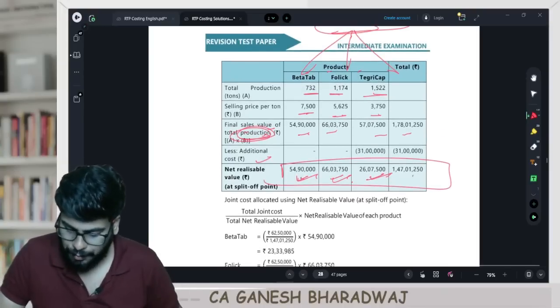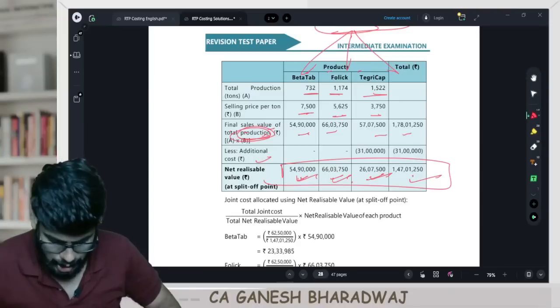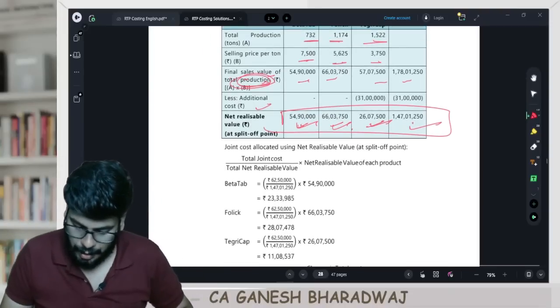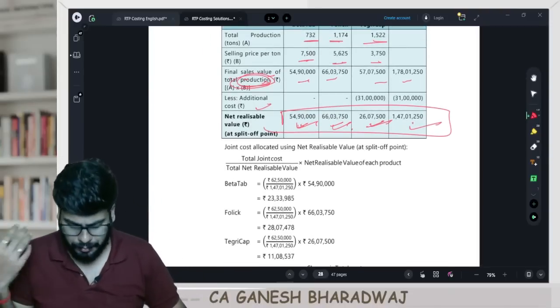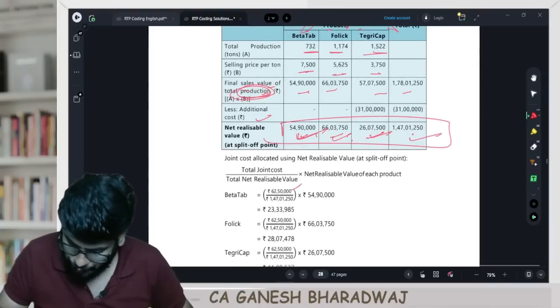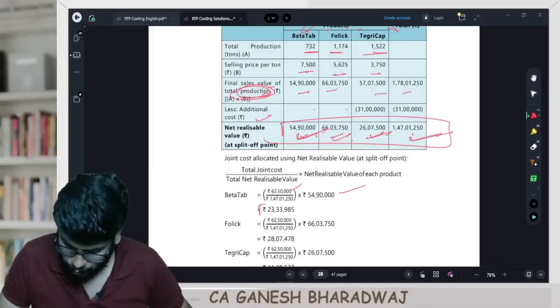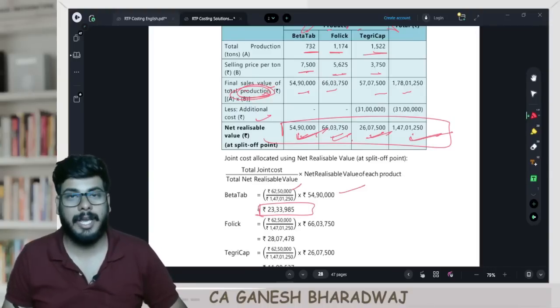You add the three figures, you get the total NRV of 147,01,250. So what is going to be the first product's share of your joint cost? It's going to be 62,50,000 into 54,90,000 divided by 147,01,250. That's going to be 23,33,985.